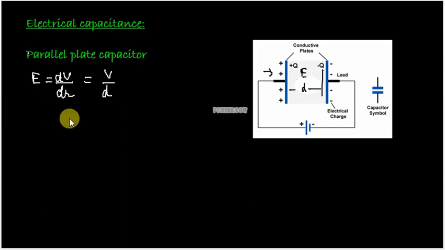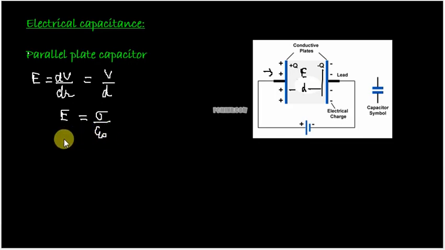We have done that the electric field due to a charged plate, or in the space between the plates, is equal to sigma over epsilon naught, where sigma is the surface charge density, that is, charge per unit area.